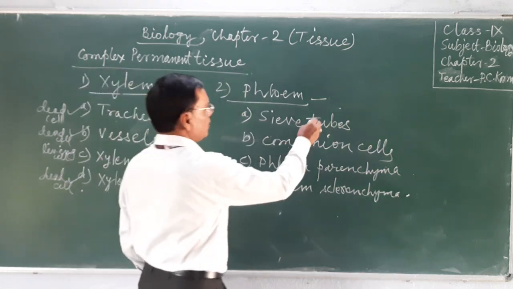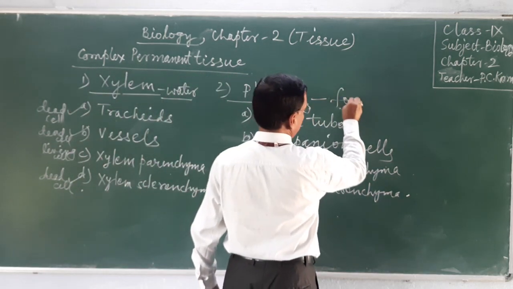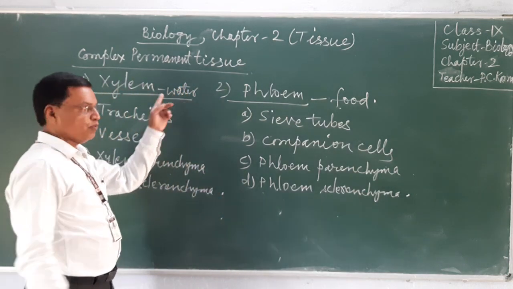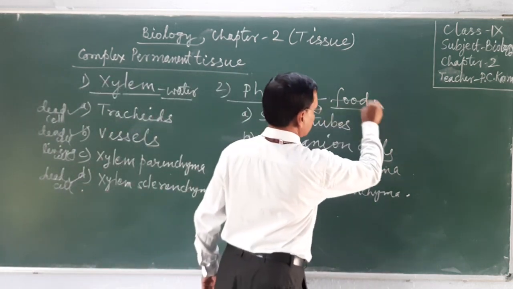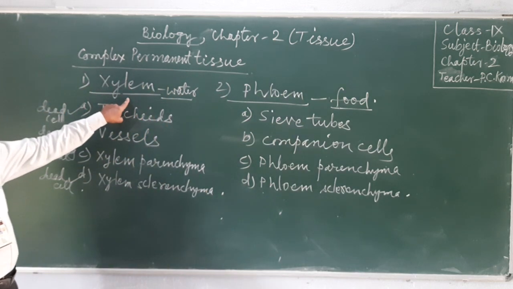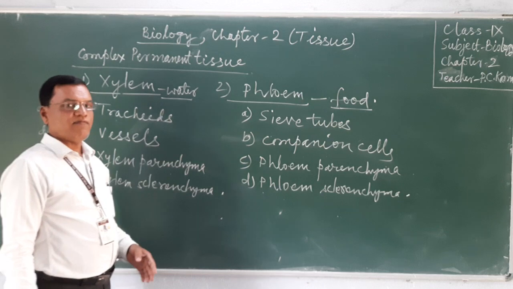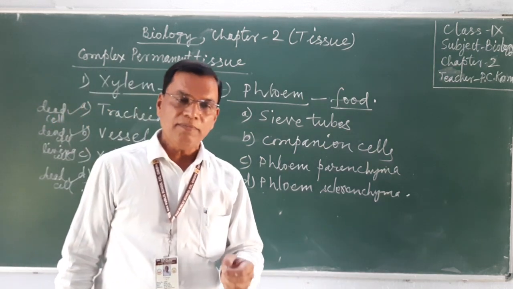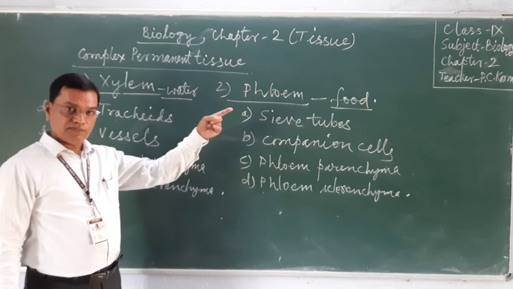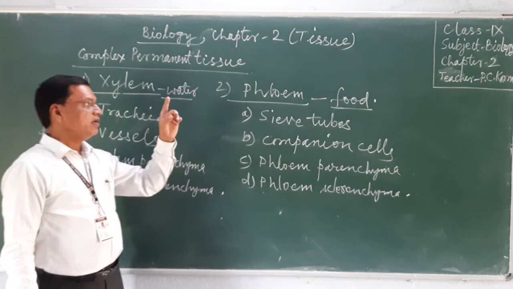So phloem translocates food. Xylem transports water. Phloem translocates food. There are certain differences between xylem and phloem.